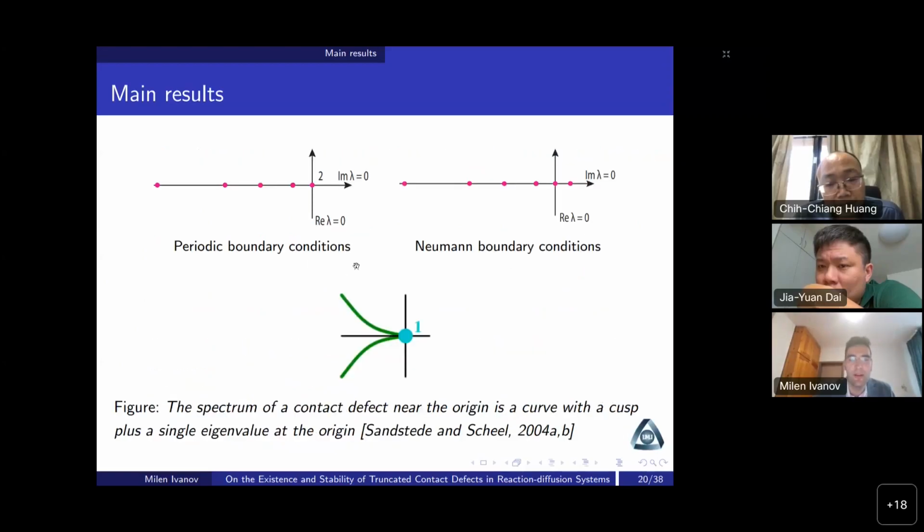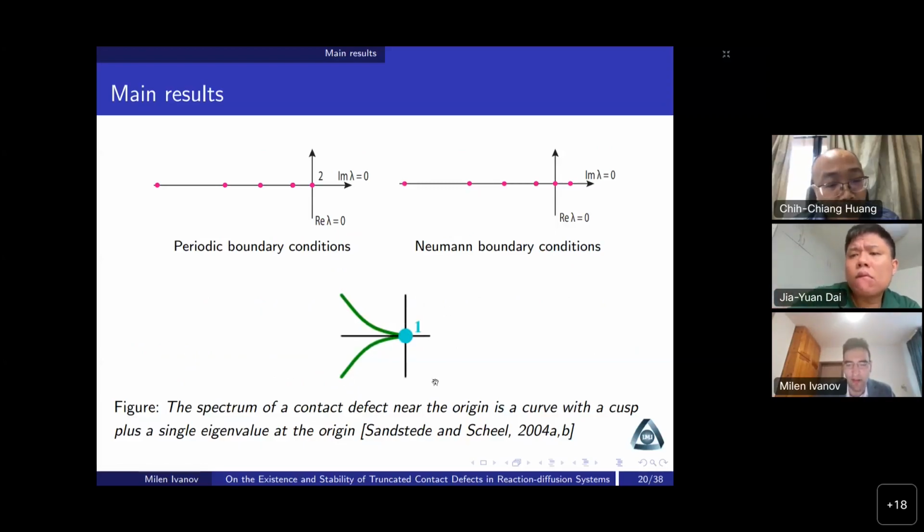Okay. So with this image, I'll just mention, what about the unperturbed contact defect, just the one on R. It has an essential spectrum which looks like this cusp, and it was computed by Björn Sandstede and Scheel.